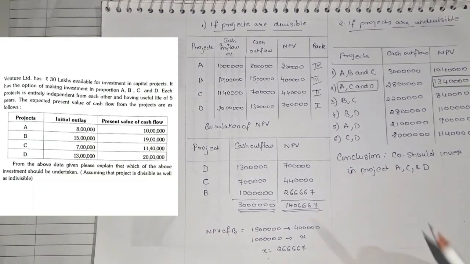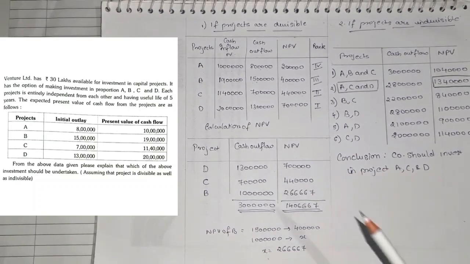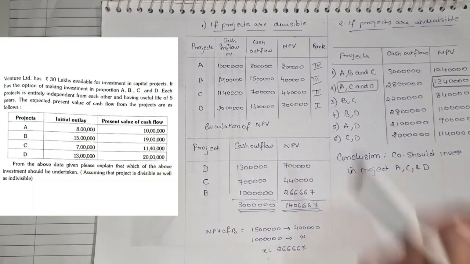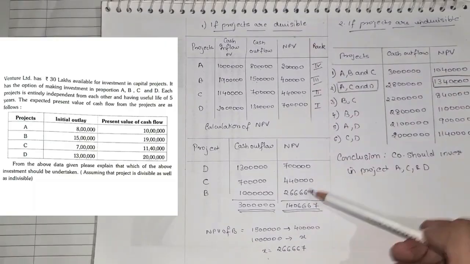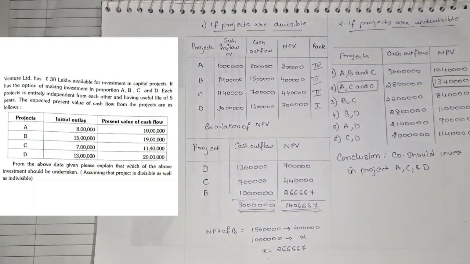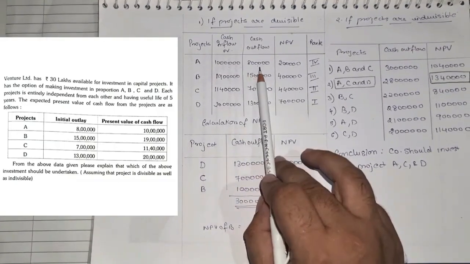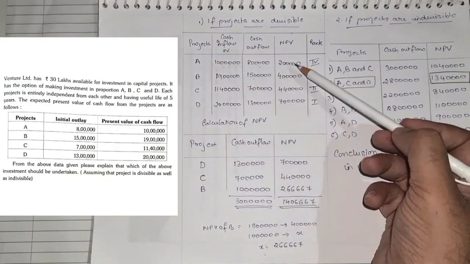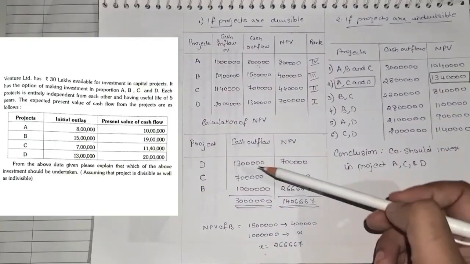Okay, so this is how you'll have to solve the sum where they're asking you to find the best alternative under capital rationing when the projects are divisible and when the projects are not divisible. I hope everyone has understood. This is the very first type of sum where they had given us the outflow and inflow in the question. So we had to find NPV, we ranked them, we got the value.